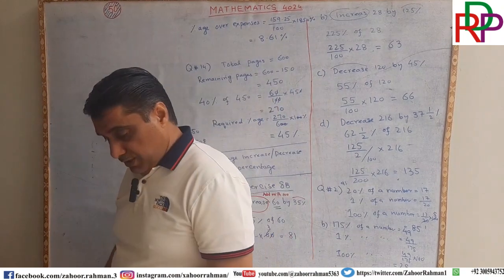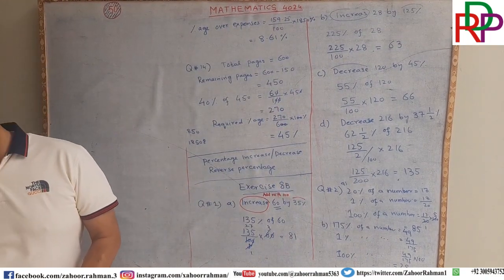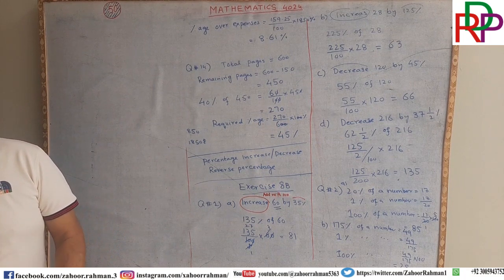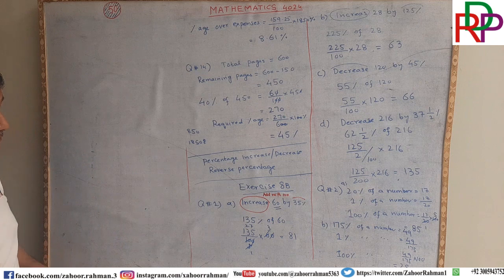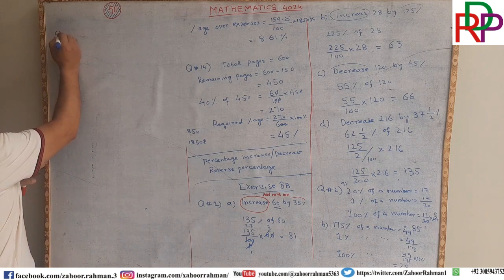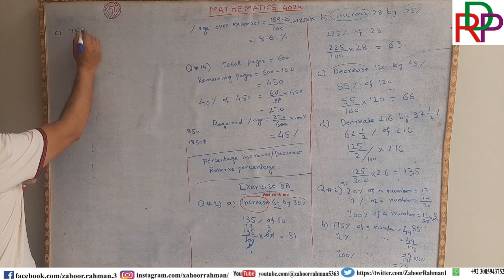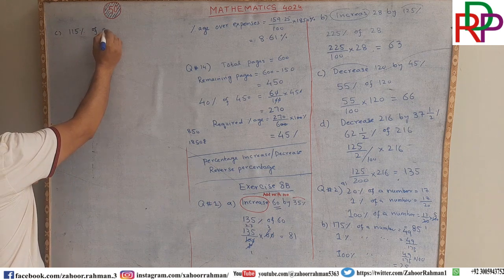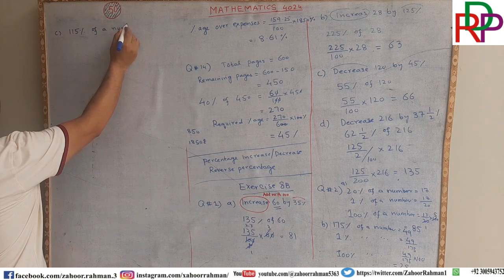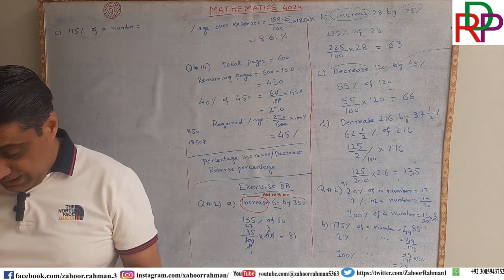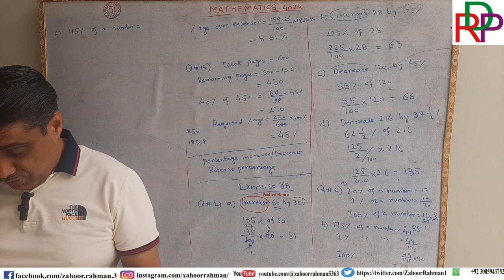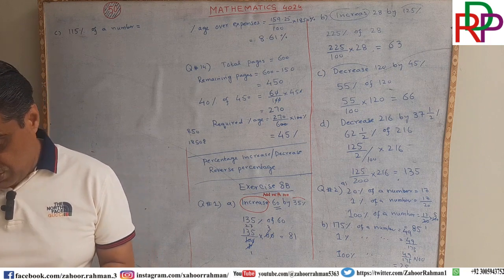Okay, question number 2 part C is saying the result of a number when increased. Again, you are hearing increase, so you have to add the percentage to 100. The result of a number when increased by 15%. So we have to find 115% of a number is equal to what? That is equal to 161.